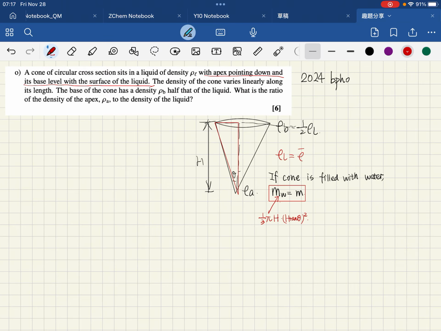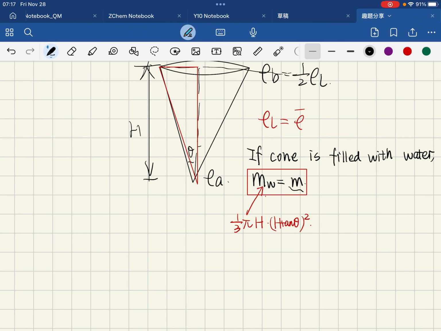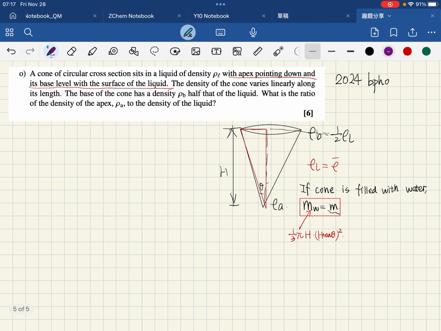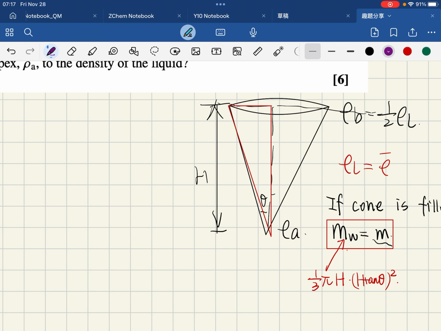The critical point is to find the actual mass of the cone. So what is it? Another key sentence is that the density of the cone varies linearly along its length. So by this, we can use integration to find the final answer. We can slice the cone into small cylinders like this.